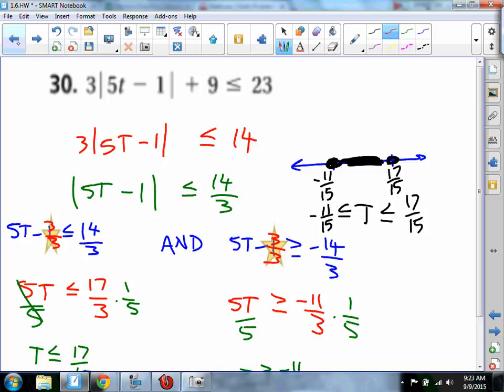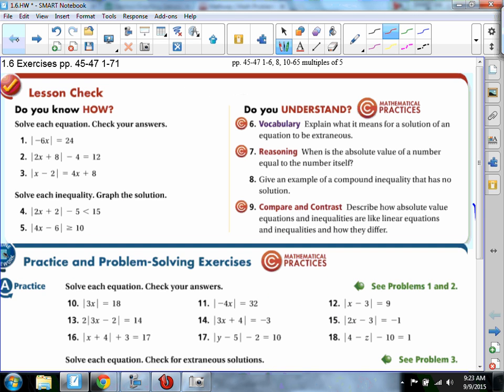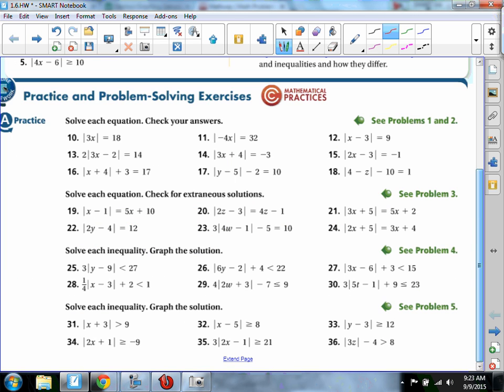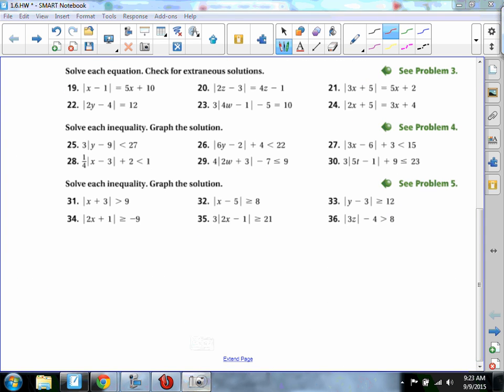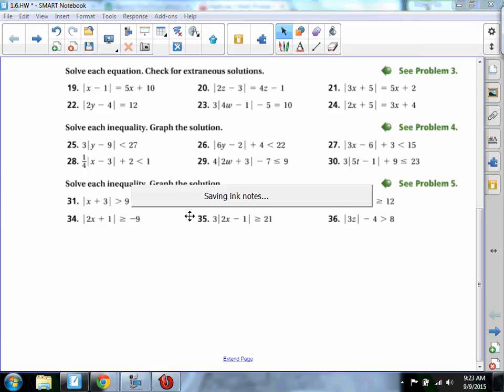That's probably the second worst problem on the homework. How are we doing so far? Okay. Well, we got 35 and then we're on the back. I always like cutting these out like that.